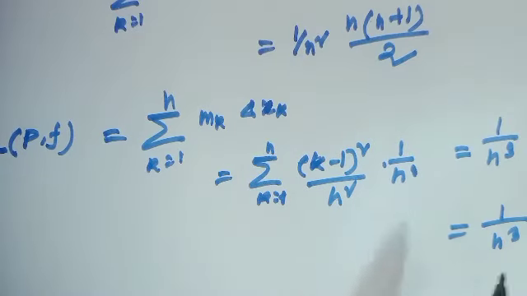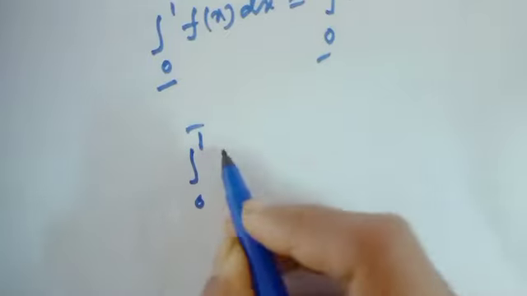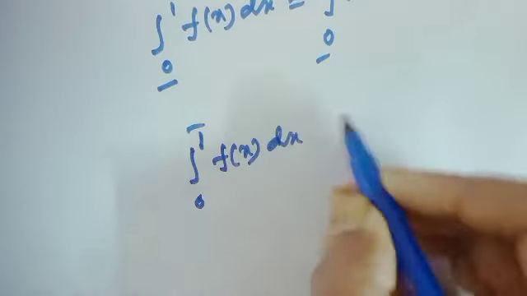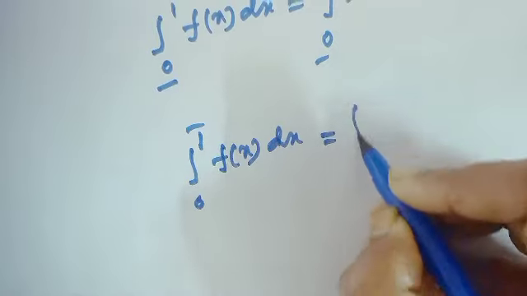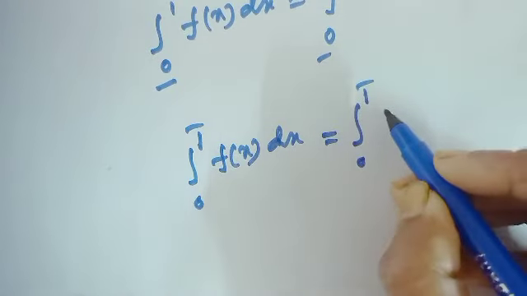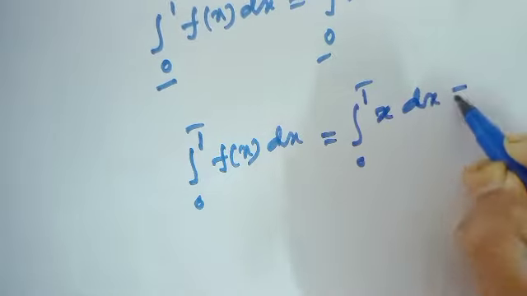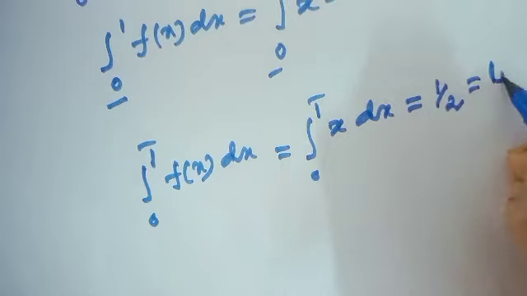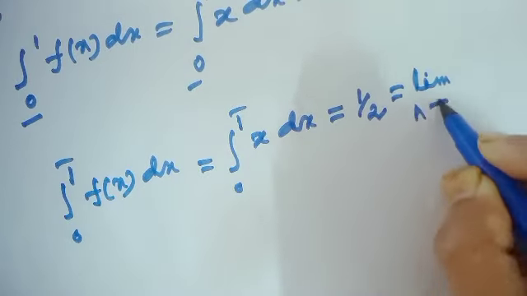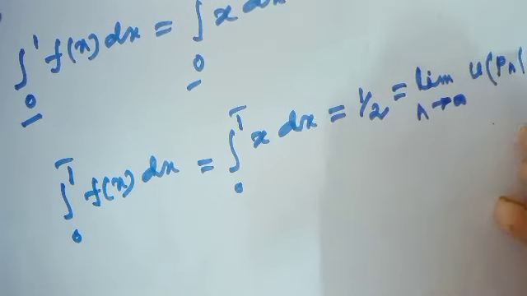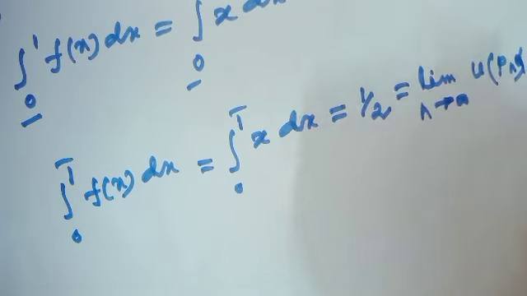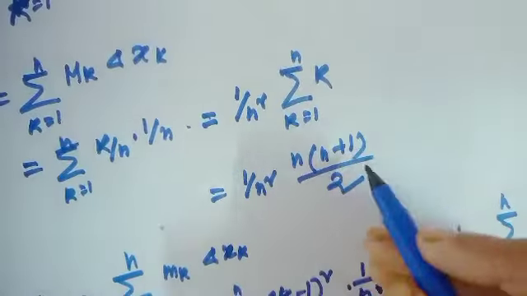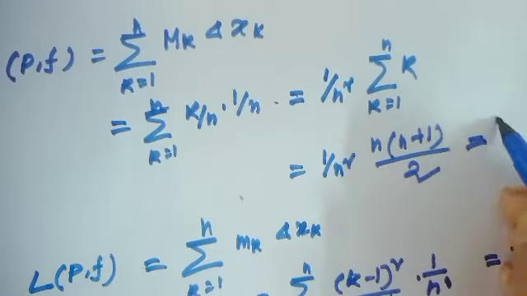The upper Riemann integration would be 0 to 1 bar of fx dx, which is equal to 0 to 1 bar of the supremum of the function, x dx, and this value would be half, which is similar to the limit n tends to infinity of UPNF. Are you getting these two methods? If you find the limit here, obviously this limit would be half.